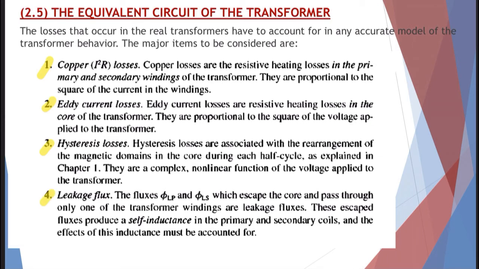The fluxes, primary and secondary leakage, which escape the core and pass through only one of the transformer windings, are leakage fluxes. These escaped fluxes produce a self-inductance in the primary and secondary coils, and the effects of the inductance must be accounted for.